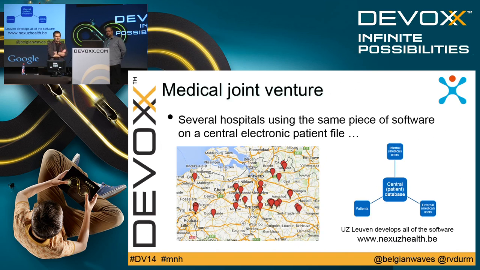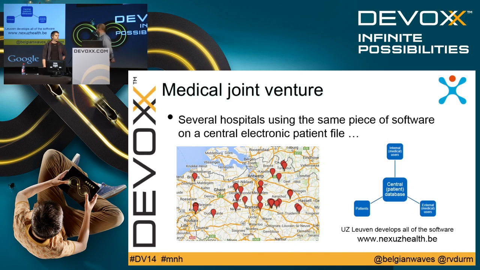So, Nexuz Health is a medical joint venture where the idea is that 14 hospitals all over Flanders collaborate and use the same piece of software that's working on a central electronic patient file. Our hospital is the main partner of that joint venture, and all the software is also developed at our hospital.